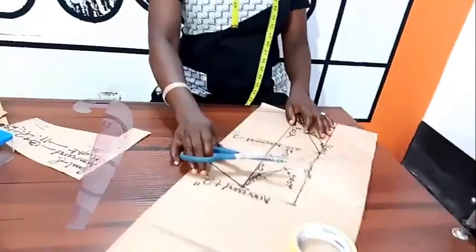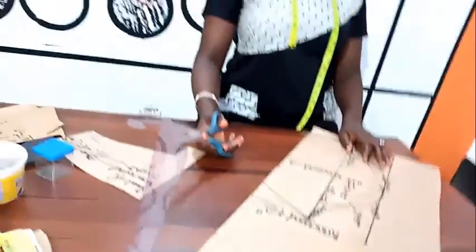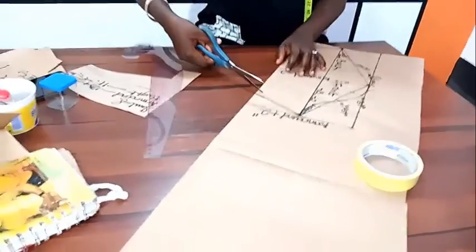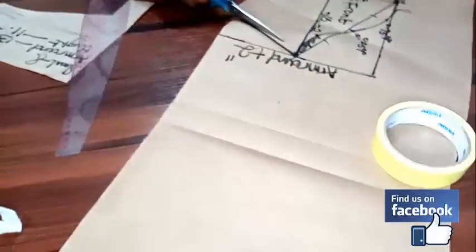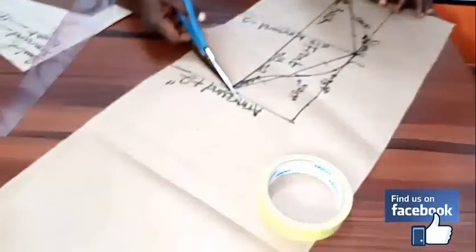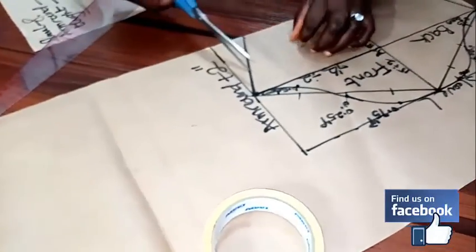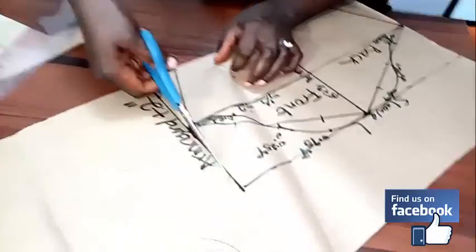I need to show you how you're going to cut it. So it's going to be like this. I'm going to put it like this. So you need to take this out.